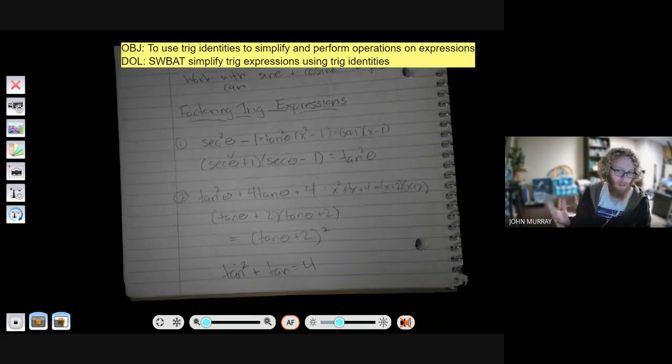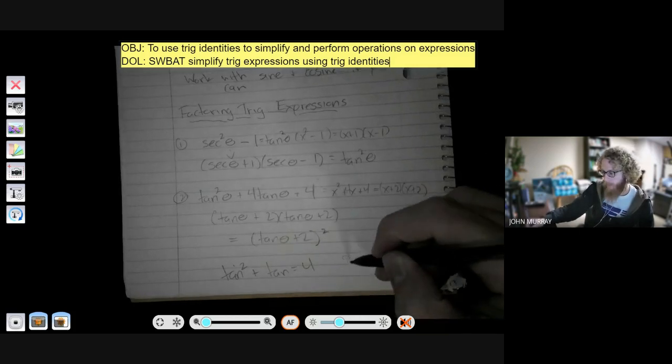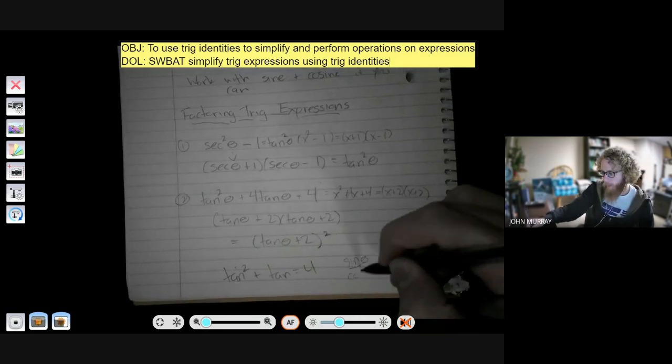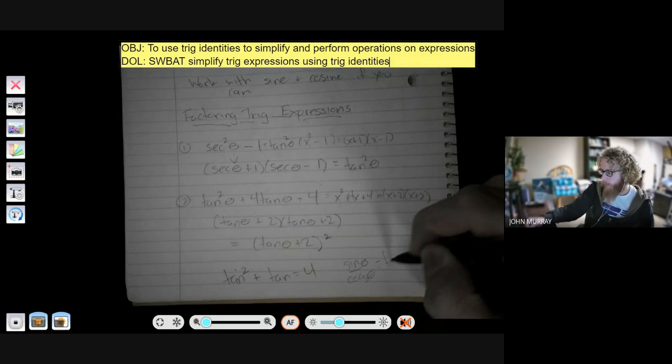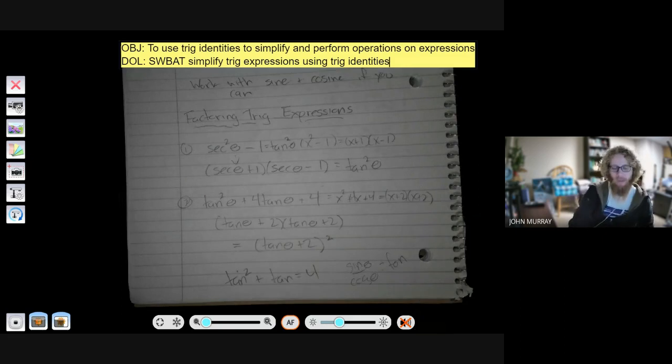Tangent by itself doesn't mean anything. I know sometimes you might just forget the theta, especially if you're doing some division, like sine over cosine, you might just write tangent and forget the theta. Just be careful. Your trig functions always have to have a variable after them. So that was just a side note that I wanted to say.